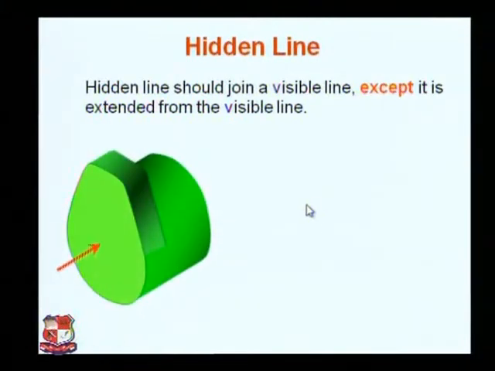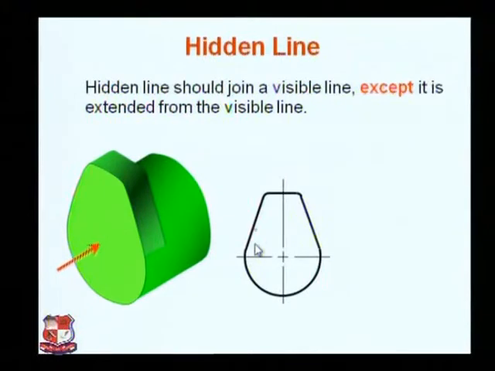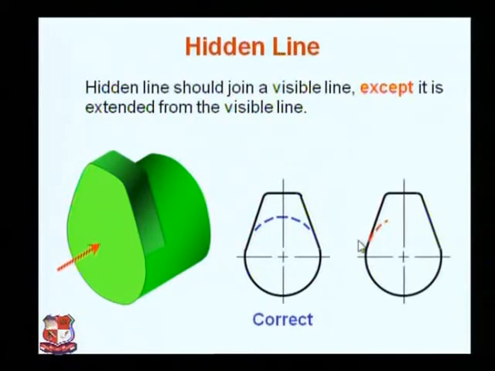The next, for the same case, this is an object and here is the dotted line. So this is a dotted arc. Leave space. Here space should be left. If it is a curvature shape, this is correct. And here space is not left. So no, you should not do this practice. Here in case of a curvature shape, the space should be left.